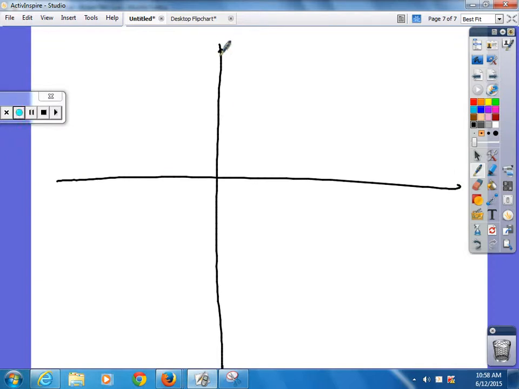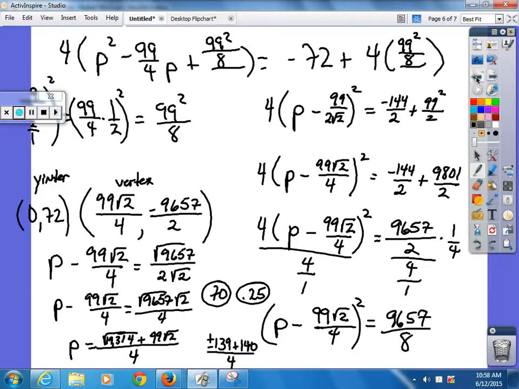072 is going to be way up here. All right, what is my vertex? Somebody give my vertex. Negative what? 9, 6, 5, 7. Right here. That one is 35. This is 35. And what is this?